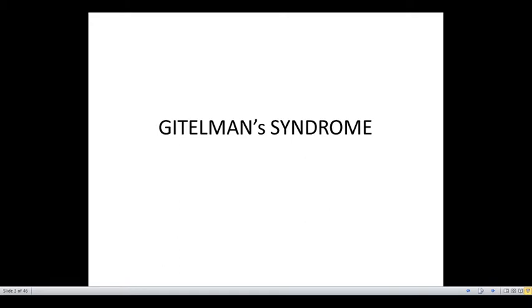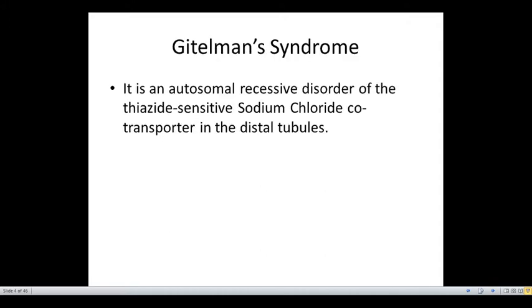Gitelman syndrome. It is an autosomal recessive disorder of the thiazide sensitive sodium chloride co-transporter in the distal tubules.